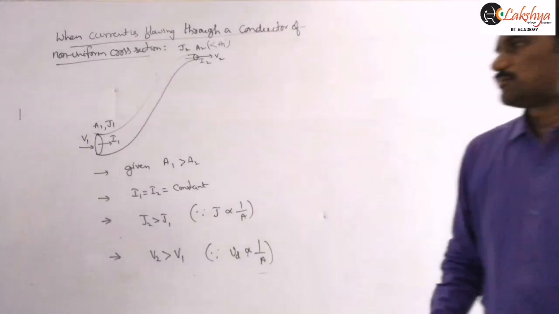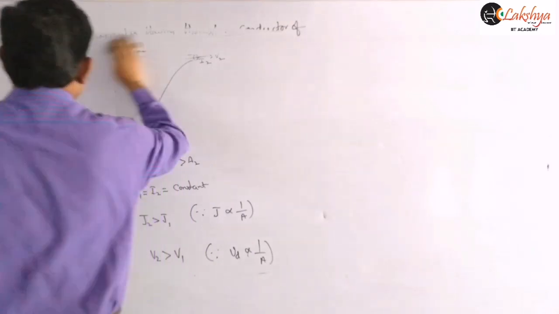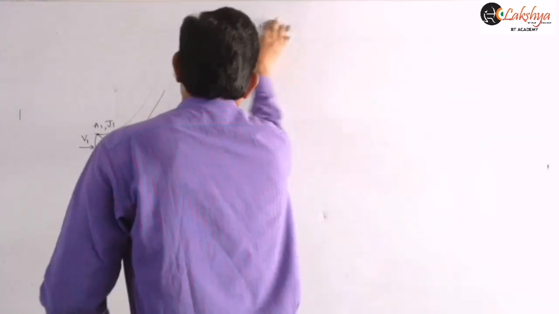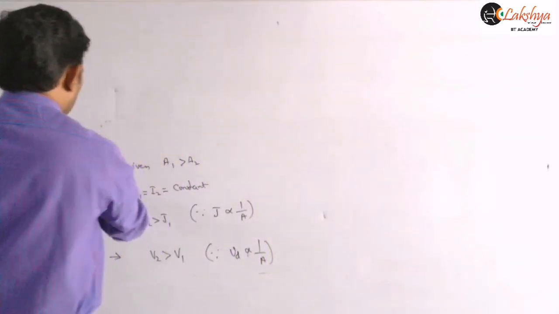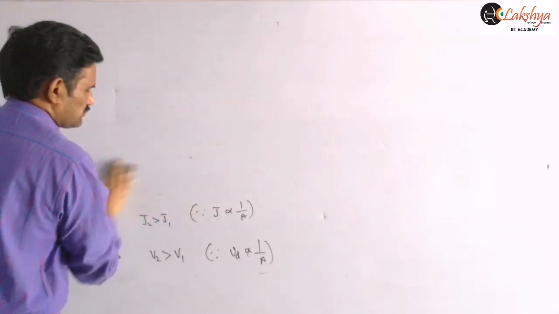So next, let us write the relation between J and E, the electric field and the current density.